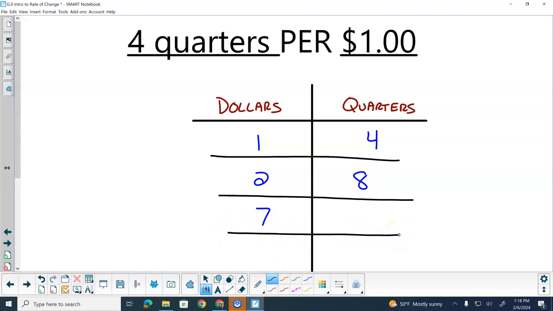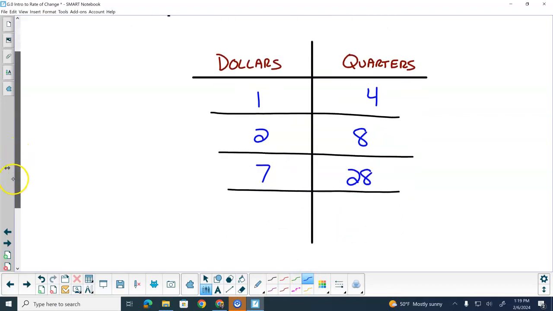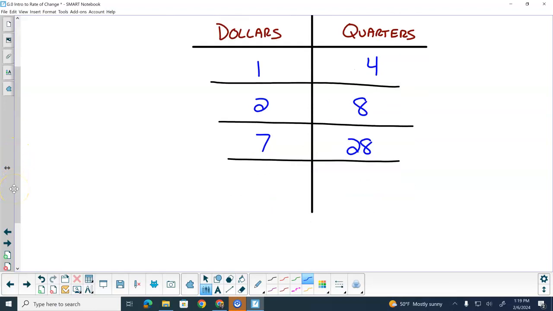If I got $7, how many quarters would I have? 28. Now, we'll keep it mixed up. If I have $1.50, how many quarters? 6 quarters.